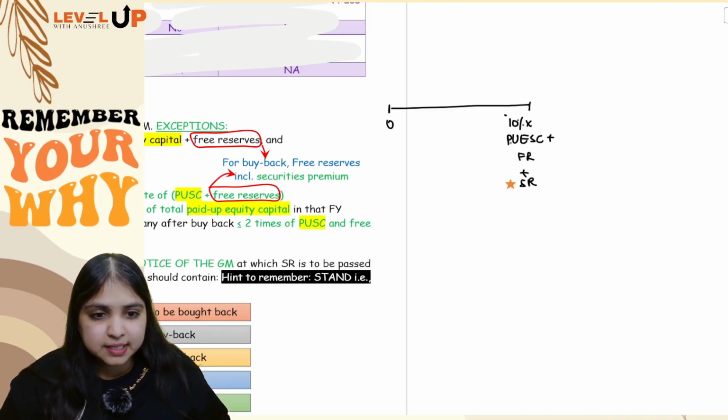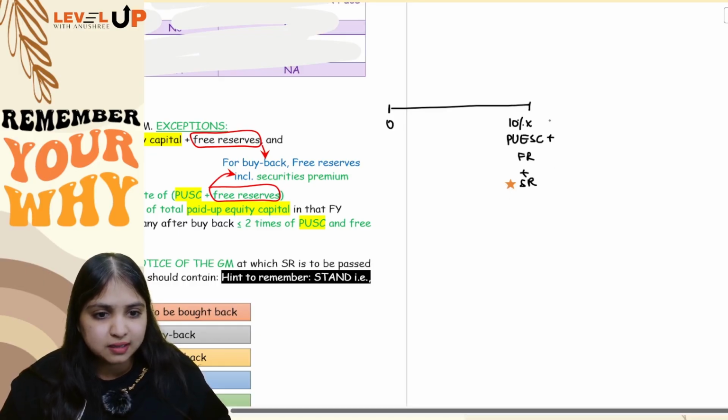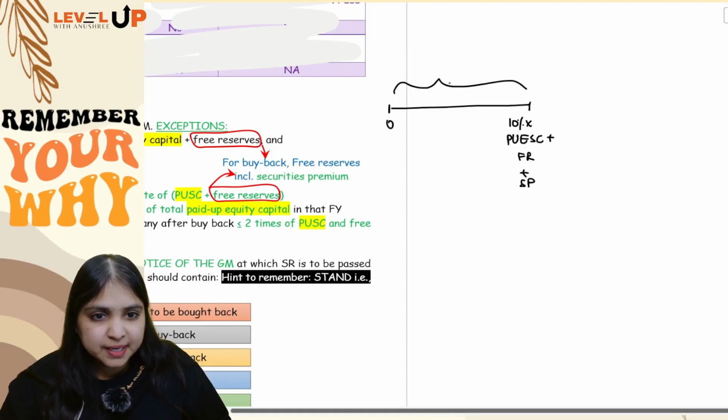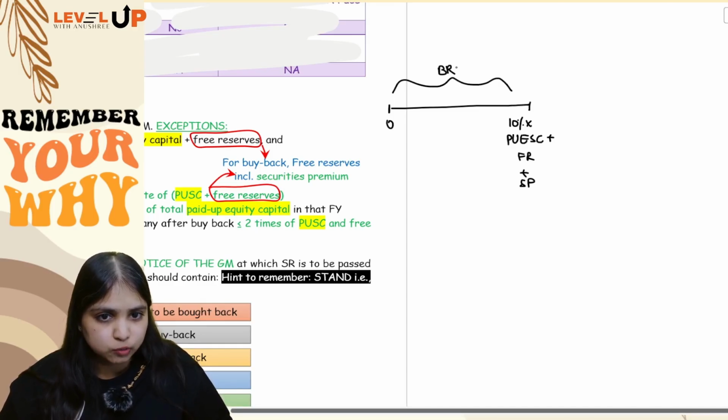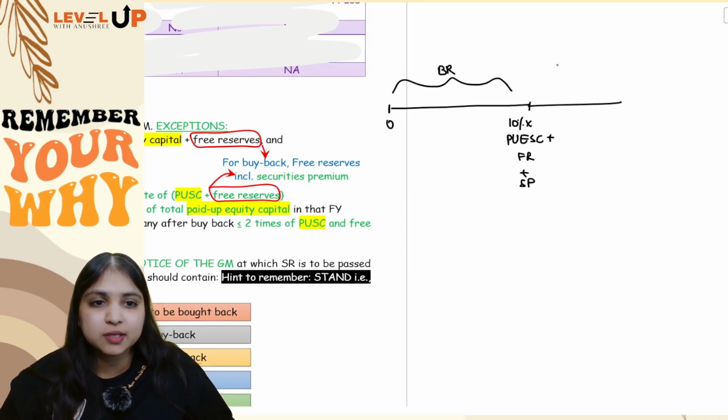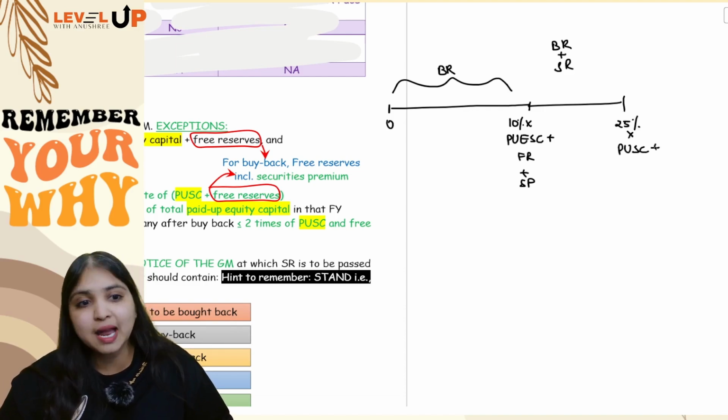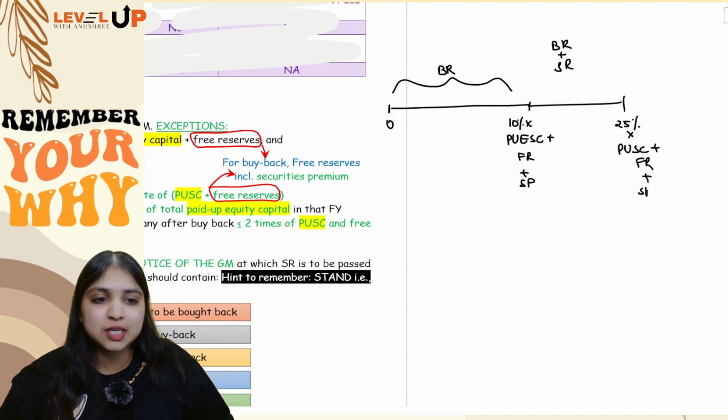If the company is spending not more than this much, if this is all the money that the company is spending, if the company is spending in this bracket, then company you just have to pass a board resolution. If the company is spending more than this, company you have to pass BR, you also have to pass special resolution. But maximum how much company can spend? 25%. 25% of what? Paid up share capital plus free reserves plus securities premium.